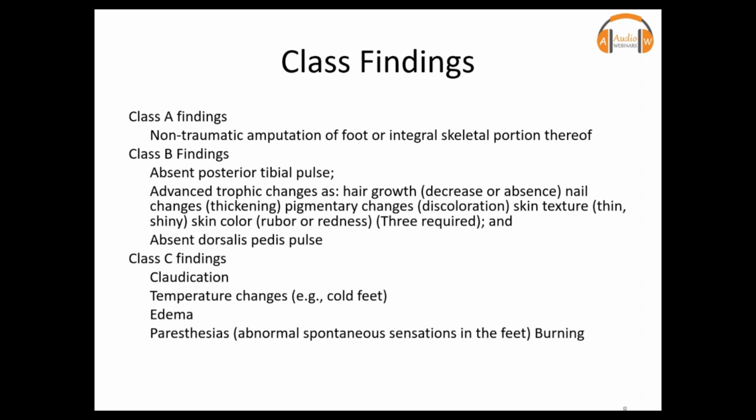The class B gets a little bit more complicated in the fact that the patient does not have a pulse in the posterior tibial area. And they also have trophic changes, whether it be hair growth, nail changes, pigmentary changes, skin texture, skin color.